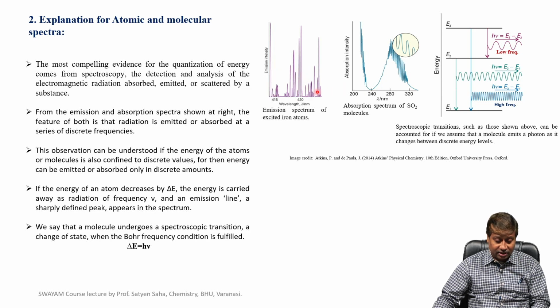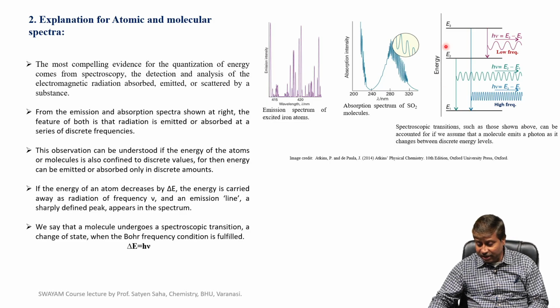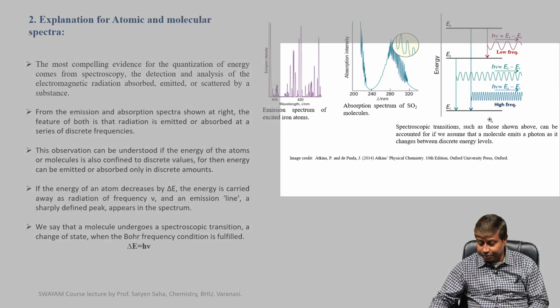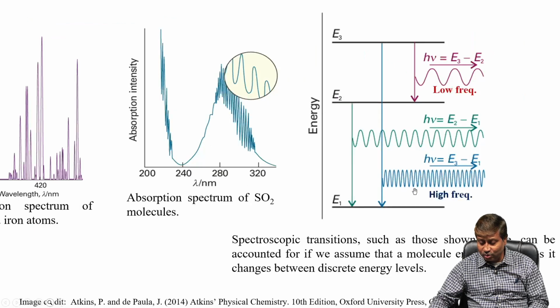These are the discrete frequencies. This observation can be understood if the energy of atoms or molecules is also confined to discrete values, because then energy can be emitted or absorbed only in discrete amounts.